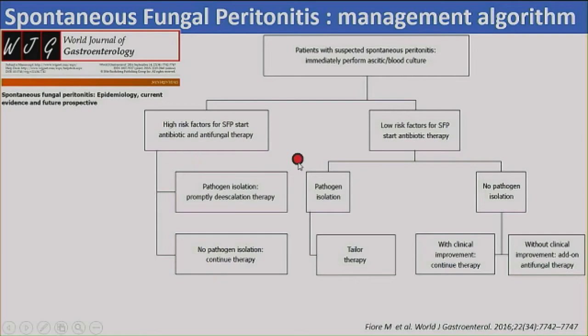In low-risk patients with spontaneous fungal peritonitis, after the pathogen is isolated, the therapy can be tailored to the pathogen that is isolated. If no pathogen is isolated, if clinical improvement happens, the therapy should be continued.